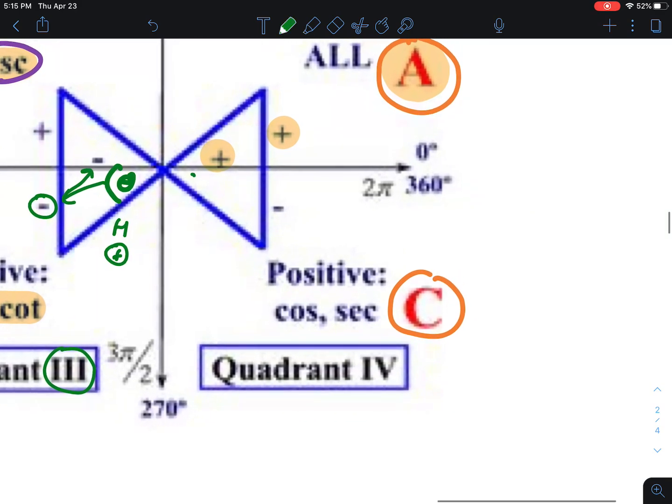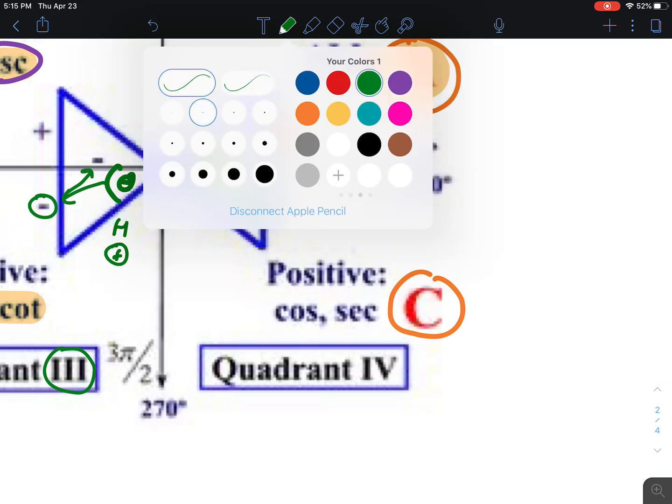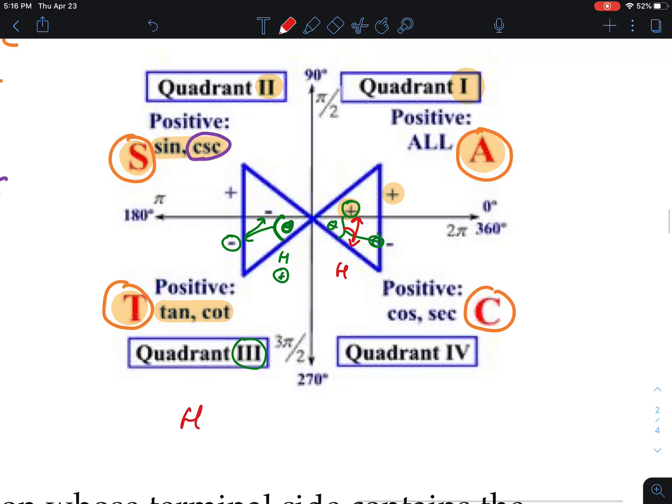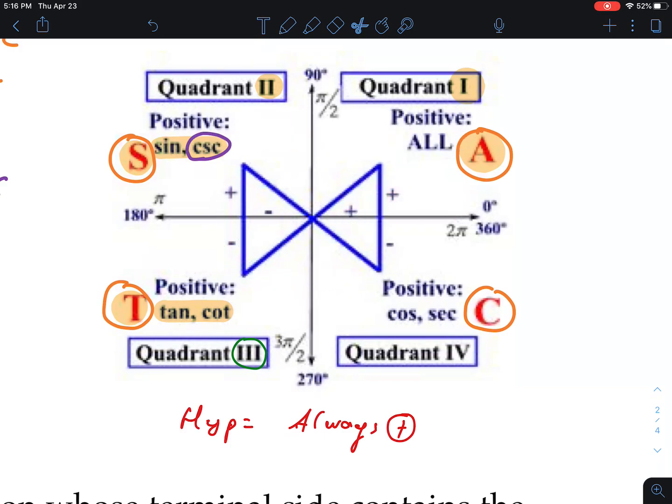The same thing occurs here: theta, opposite is negative, so opposite over adjacent is negative, but adjacent over hypotenuse would be positive. The hypotenuse is always positive, and everything else is based on where it falls in the coordinate plane.